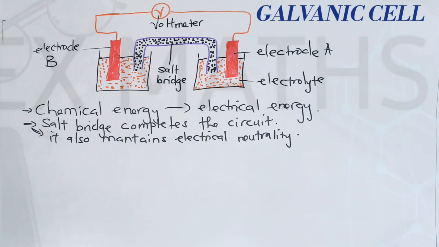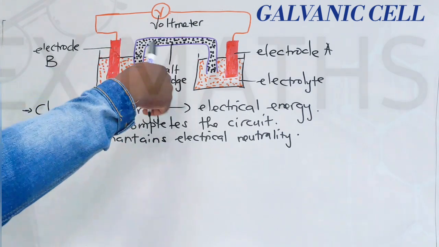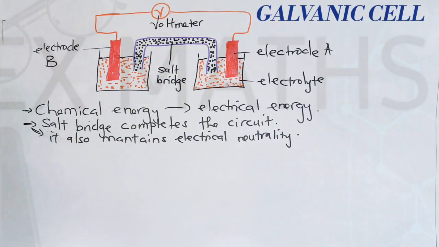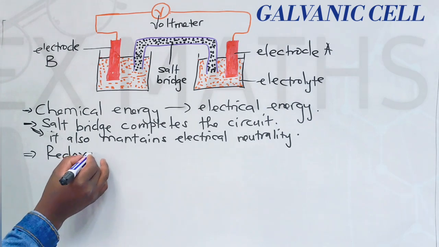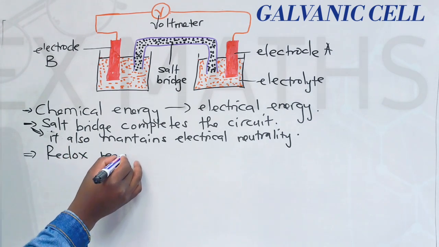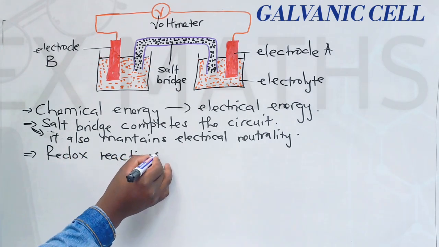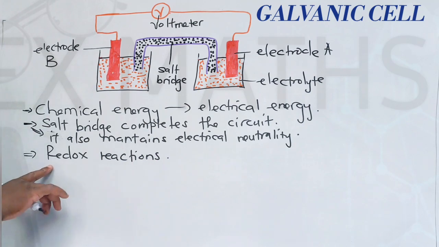So the types of reactions that take place inside this galvanic cell are called redox reactions. So let me just explain what redox reaction means. It's reduction and oxidation reactions taking place simultaneously.